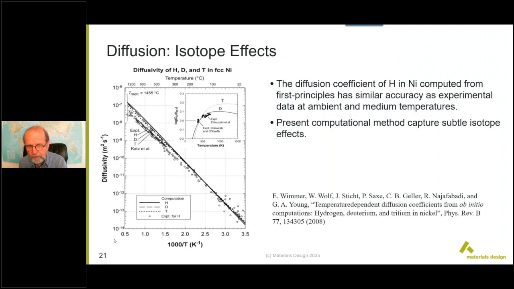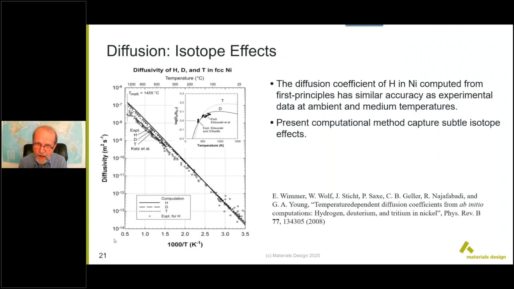involves calculations for getting the rates of the jumps from octahedral sites over tetrahedral sites into the next octahedral sites. Also, what this simulation clearly demonstrates is subtle effects due to the isotope changes, so hydrogen, deuterium, tritium.